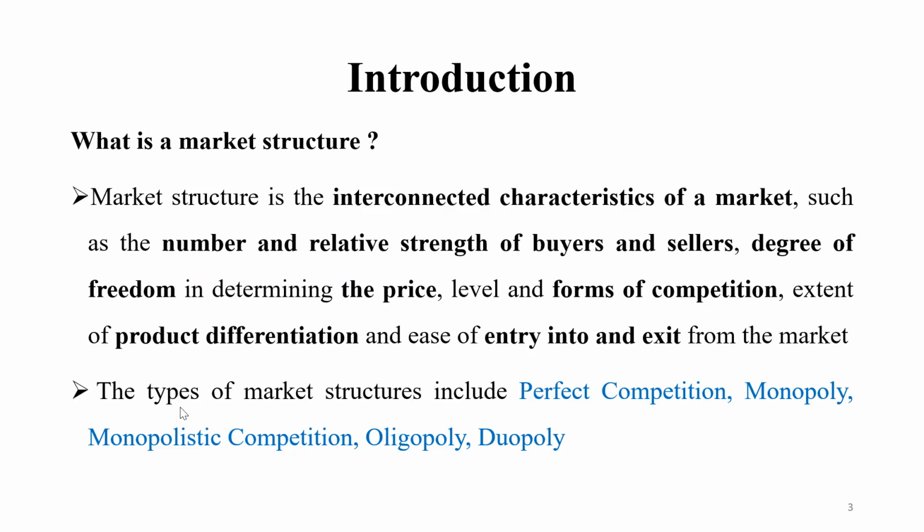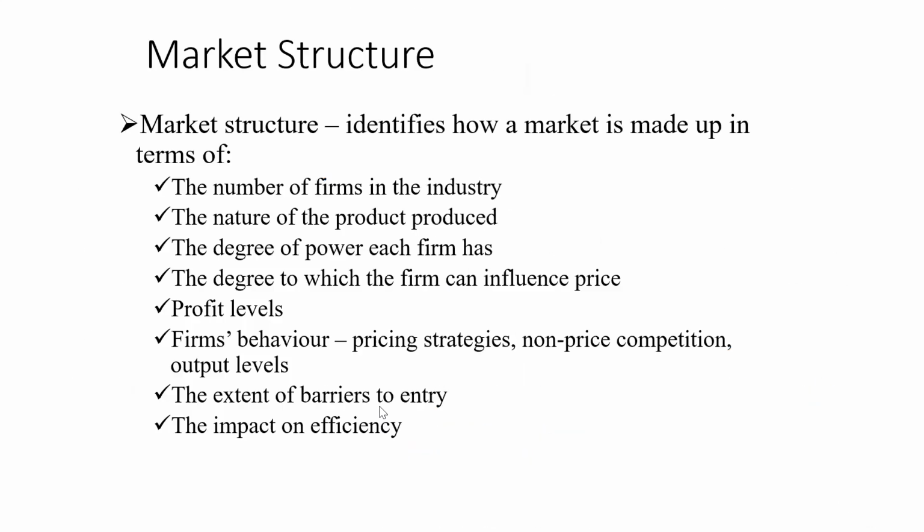Based on these different market characteristics, we can identify basically perfect competition, monopoly, monopolistic competition, and oligopoly market structures. Right? So what are the main characteristics?